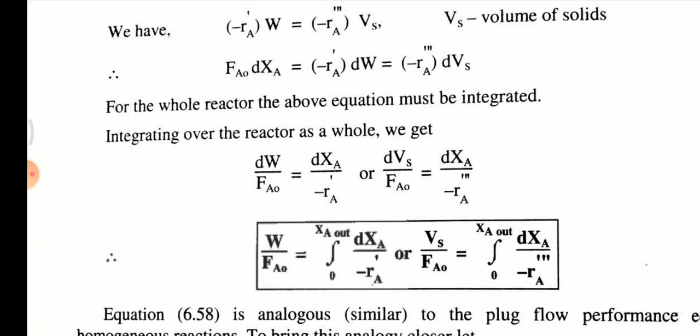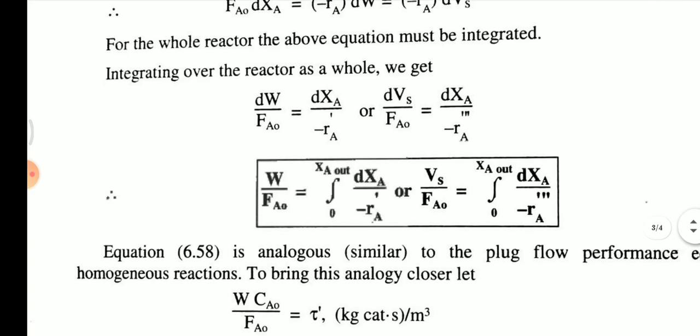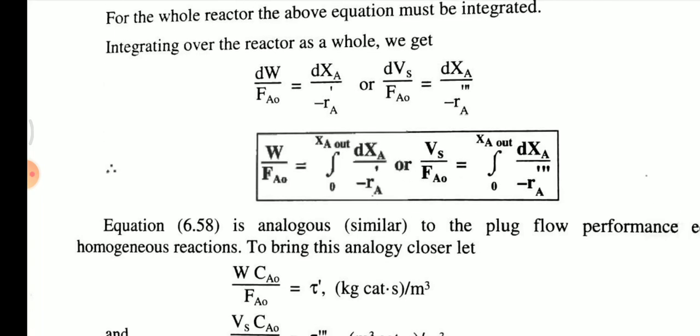Comparing 1 to 3, the first and the last, dvs divided by Fa0 is equal to dxa upon minus Ra double dash. So it is given by this equation: w by Fa0 is equal to the integral from 0 to xa out.